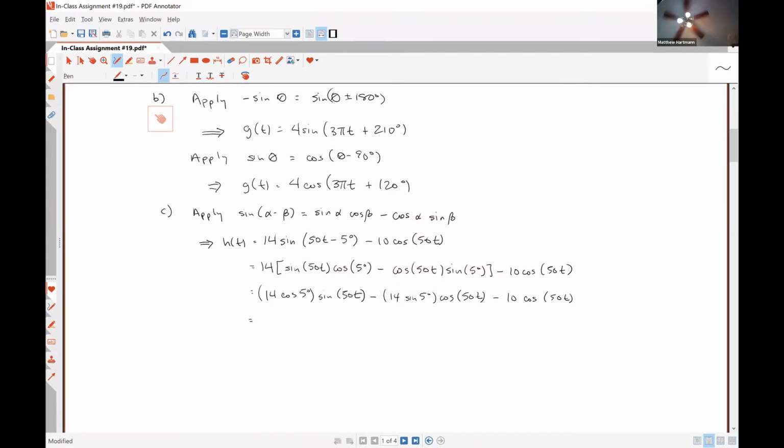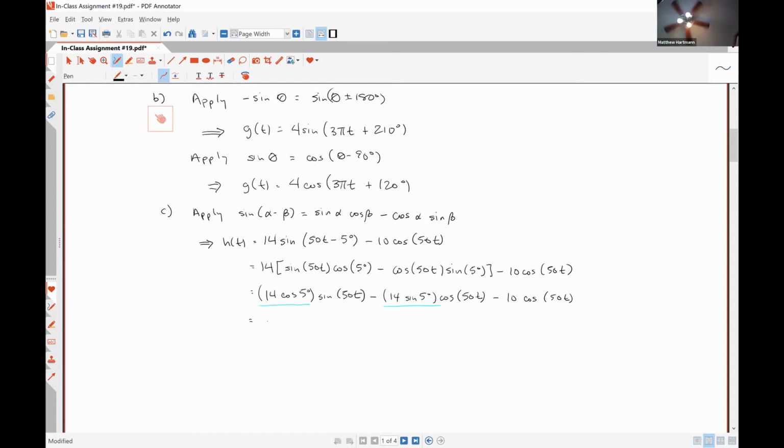So notice here that 14 cosine 5 degrees. Cosine is just a ratio. It's a number that's going to be between -1 and +1, right? So 14 cosine 5 degrees is just a number. Same with 14 sine 5 degrees.